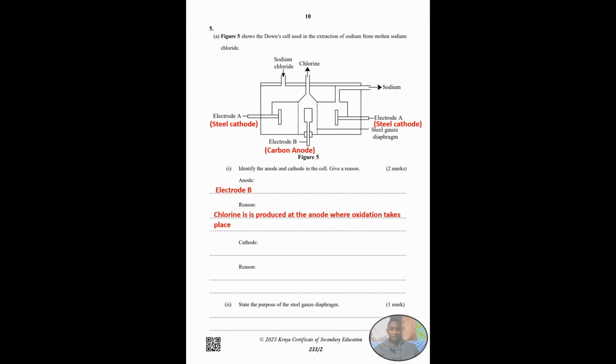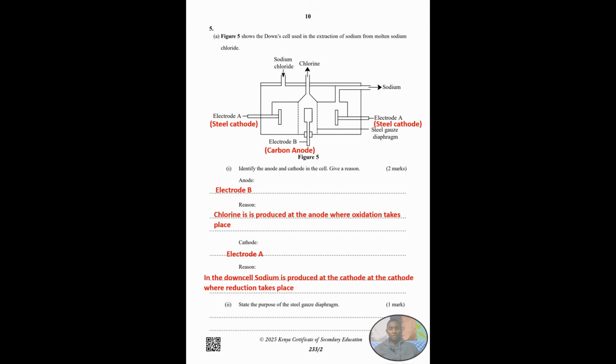So chlorine can only be produced at the anode after oxidation takes place. Then we have the cathode. Our cathode we have said is electrode A. The reason we are saying A is our cathode is because in the down cell sodium is produced at the cathode. At the cathode, that is where reduction takes place.